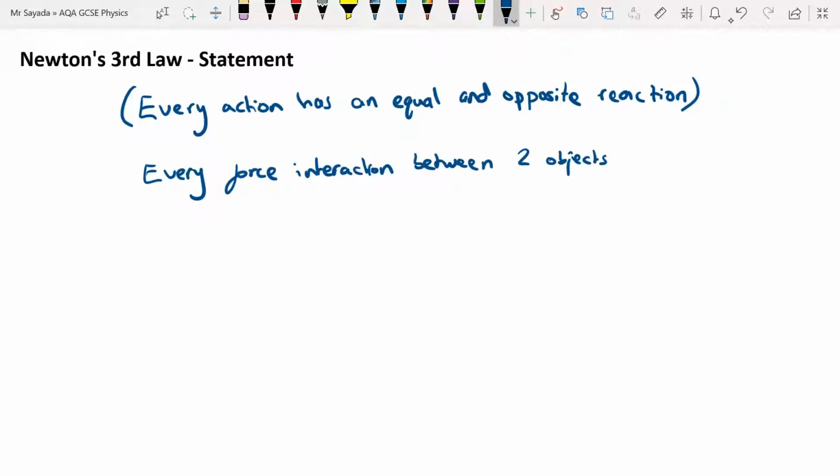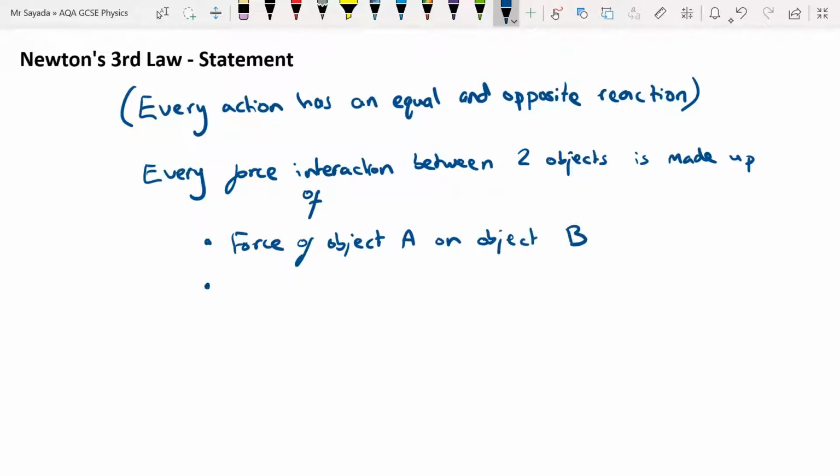So every force interaction between 2 objects is made up of force of object A on object B, and an equal and opposite force of object B on object A.